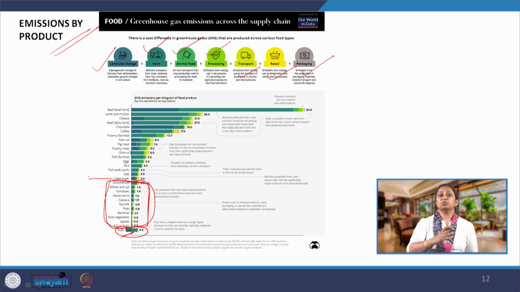If you go to a mall in United States, you would find that each individual fruit, which is a natural product, is packed in a plastic cover. While if you go to India, to a vegetable market, a sabzi mandi as we know it, we will find that none of the fruits or vegetables is packed. That itself removes one step here and a lot of emission due to that product.